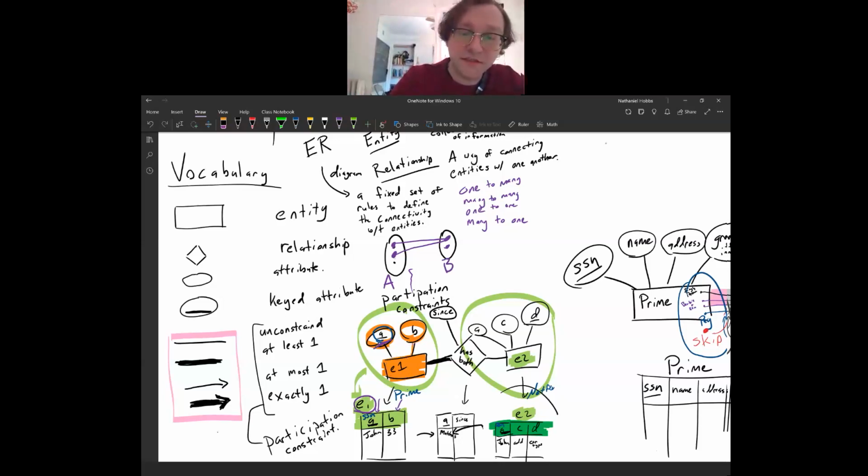The part that's a little bit trickier is the relationship, and capturing the participation constraints with tables and keyed values.